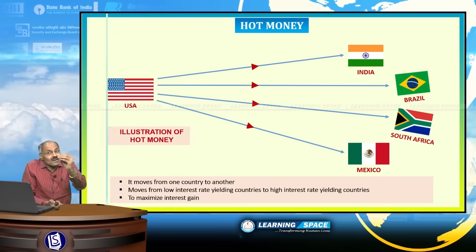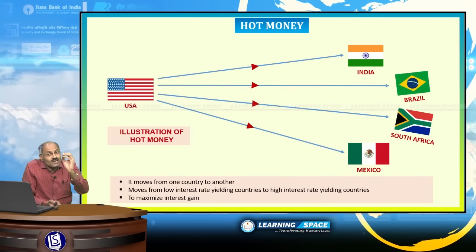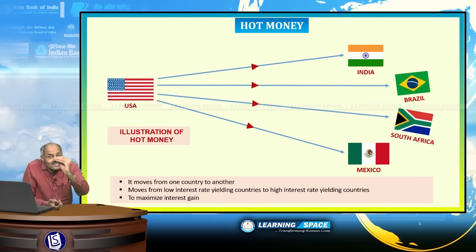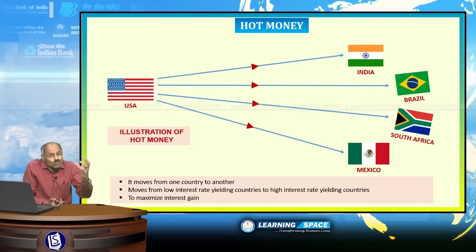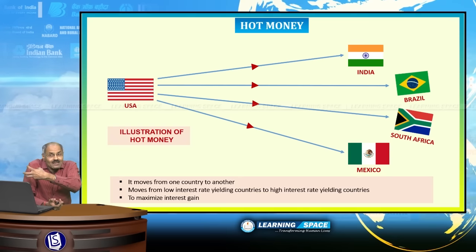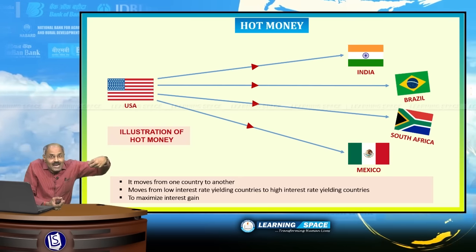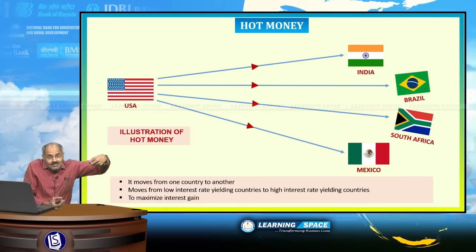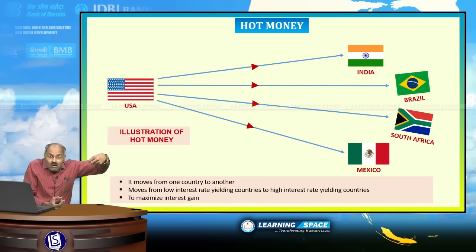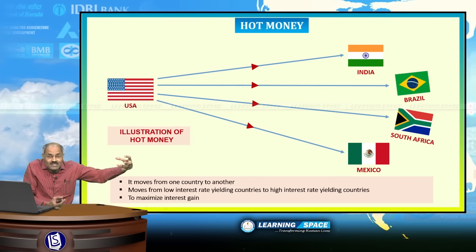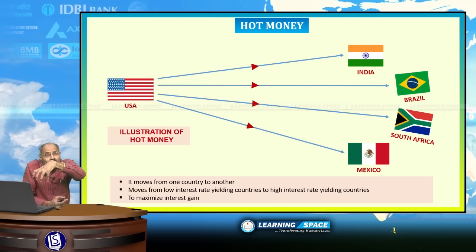Look into the next one, hot money. What is the difference between hot money and hard currency? Hot money is basically the money which moves from one country to another country so as to take advantage of short-term gains. If the stock market in India is rising, American foreign portfolio investors will invest in the Indian stock market.